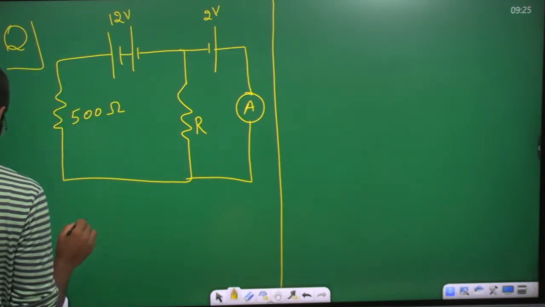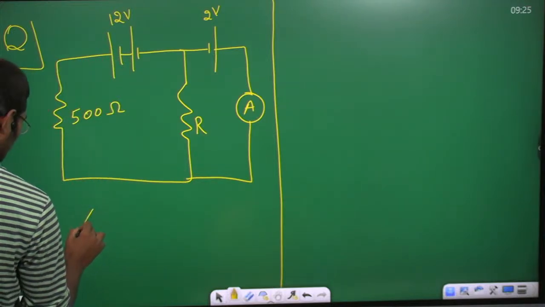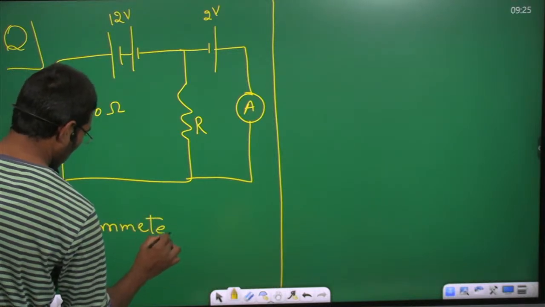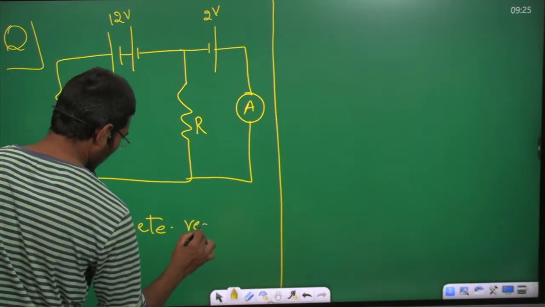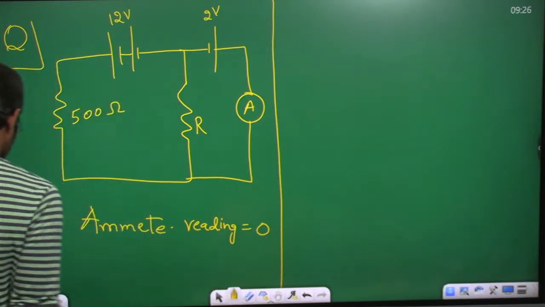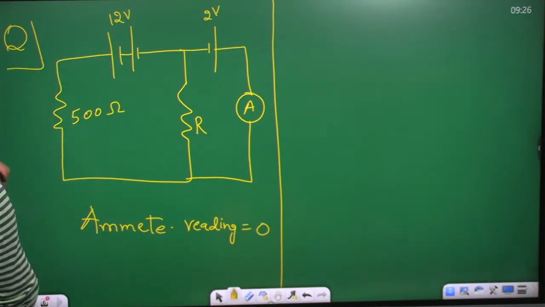So the question is, ammeter shows 0 reading. In the circuit shown below, the ammeter reading is 0, then find the value of R.